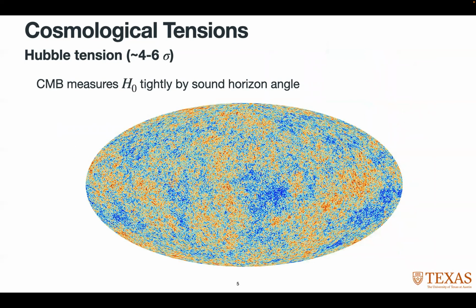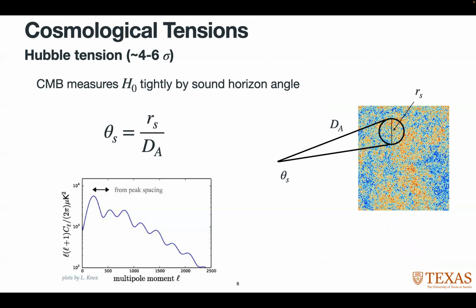Okay, in order to solve this tension with new physics, we need to understand how the CMB measures H star. The CMB measures H star very tightly by measuring the sound horizon angle. This sound horizon angle comes from the acoustic oscillation, and the peak spacing gives you this angle. It can be expressed as the sound horizon divided by the angular diameter distance.